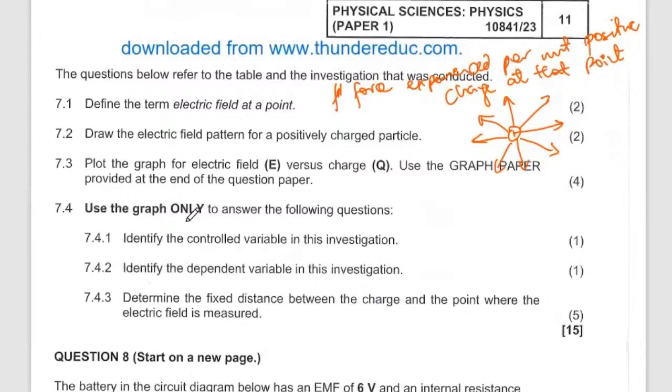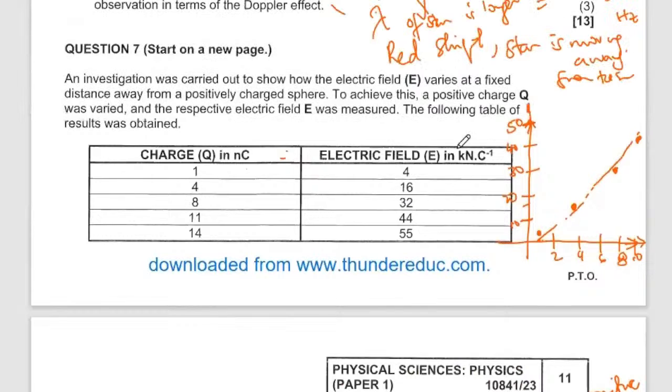And then you need to use the graph only to answer the question. Identify the controlled variable. So in this case, if you look at the graph, remember it is the E versus the Q. This is the Q versus the E, okay, E versus the Q. So the only thing that is controlled here, because they said the distance is fixed, the distance away from the positive charge, is the distance.